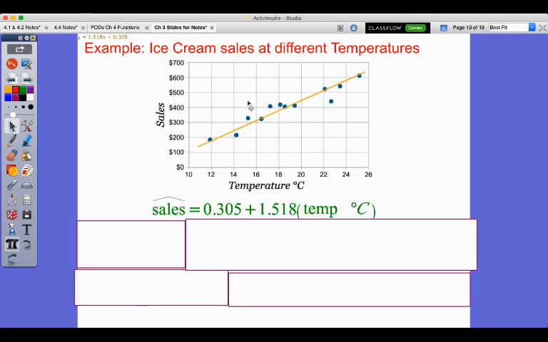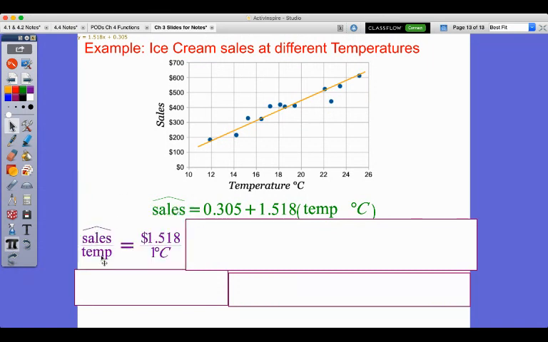So let's just do a quick example of a question. This is ice cream sales at different temperatures, okay? You can see the least squares regression line goes through the cloud of points, which is really what you're aiming for, and we'll talk about that more in the next video. If I want to interpret the slope, I want to write it like this.